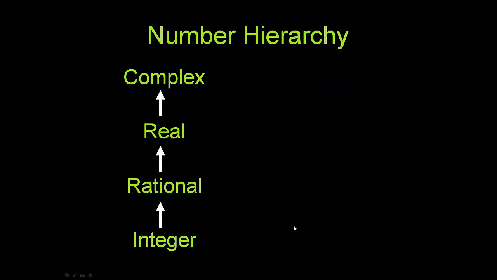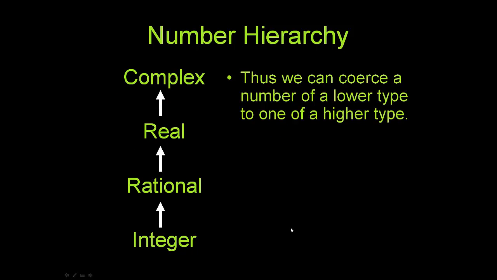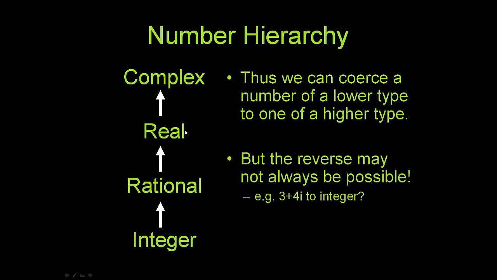Essentially, an integer is a rational number, a rational number is a real number, and a real number is a complex number. So if you want to do this addition, you can coerce a number of a lower type into a higher type. For example, if you want to add a rational number to a complex number, you convert the rational number into a complex number and then add both of them as complex numbers. Now, it turns out that the reverse doesn't always hold. For example, you cannot convert 3 plus 4i to an integer, because a complex number is not necessarily an integer.